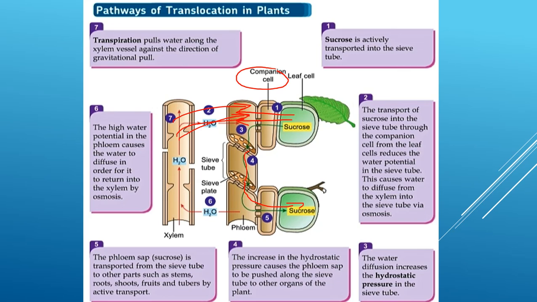Okay, and then the high water potential in the phloem will cause the water to diffuse back to the xylem via osmosis. Okay, and then now the water will move along the xylem vessel against the gravity, helped by transpiration pull. So this is the pathway of translocation in plant.